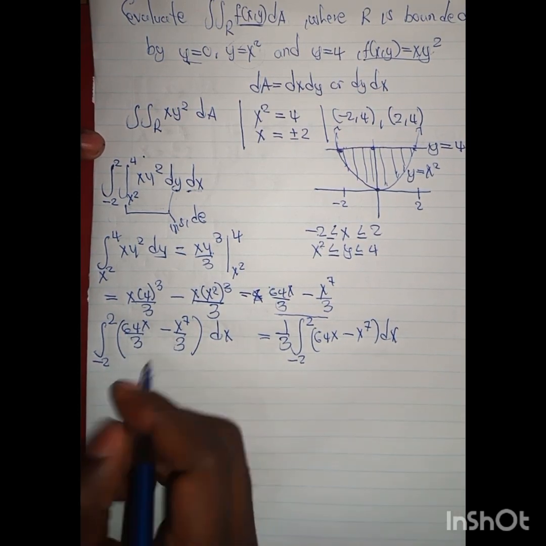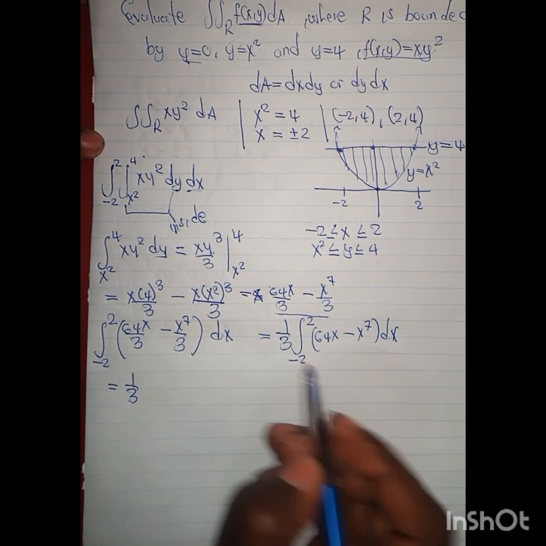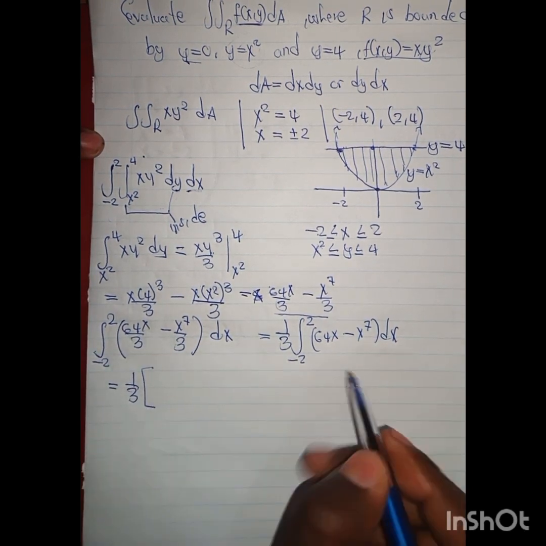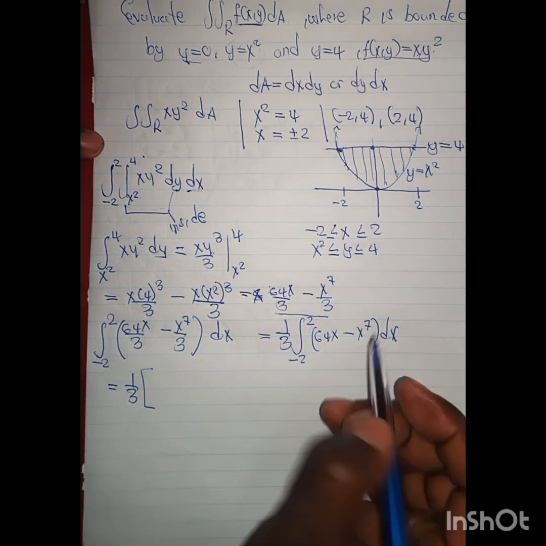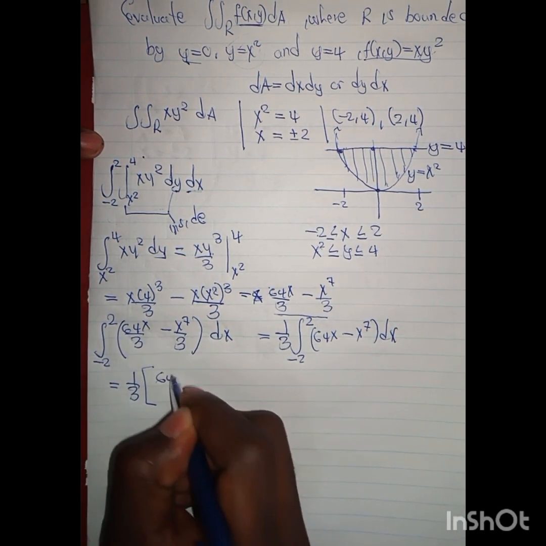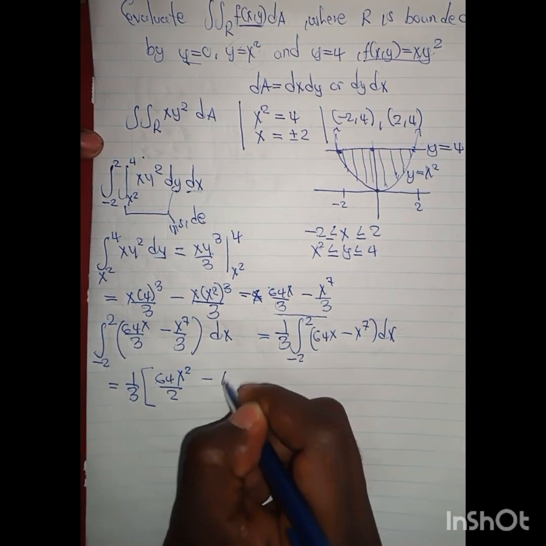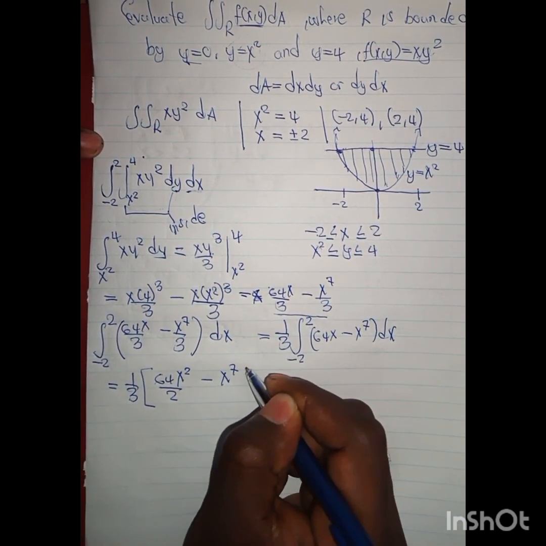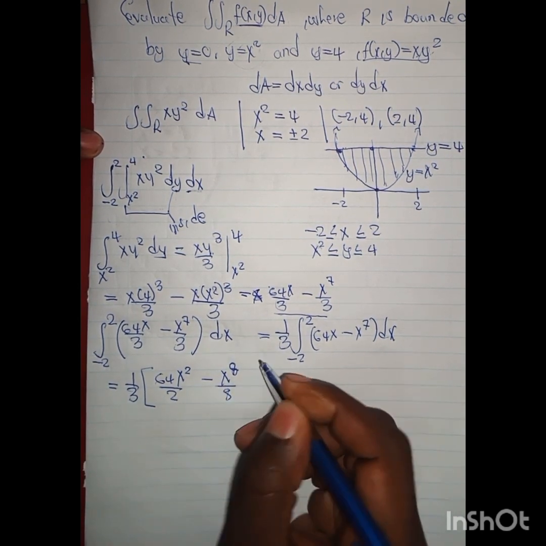So let us move. What we have right now is 1 over 3, and then when we integrate with respect to x, we'll have 64x squared over 2 minus x to the power 7, where we must have 7 plus 1, which gives us 8 over 8.